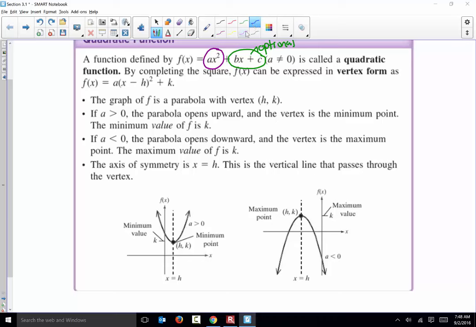Our main issue is to graph them, identify intercepts, and identify axes of symmetry, maximum and minimum. This is our main issue in this section. But let's first talk about one very important form these quadratic equations can turn into. It's called vertex form.